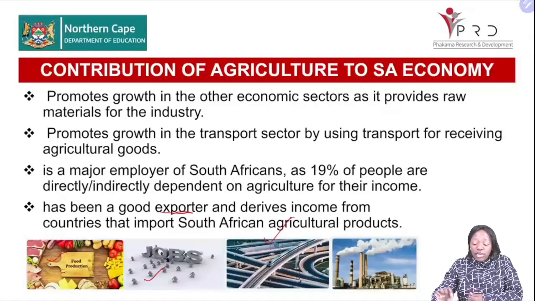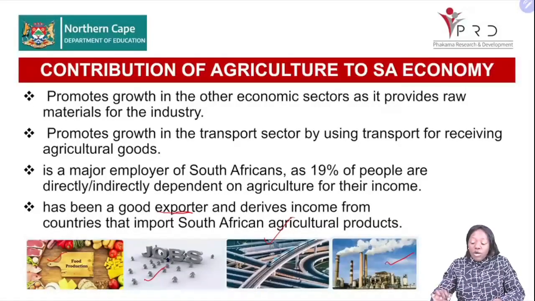And also, we said through agriculture, we will have the raw material that needs to be transported into different industries or into the secondary sector. So hence our road or our infrastructure, we will also develop. So it's another contribution. Then there will be industries that will be formulated because of agriculture, because they will now be manufacturing different products.